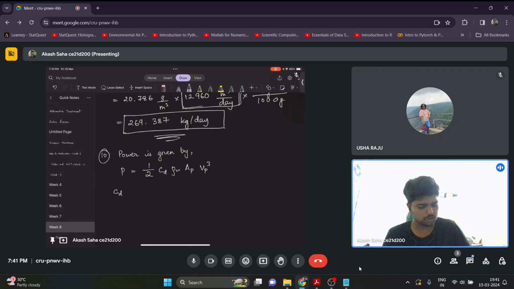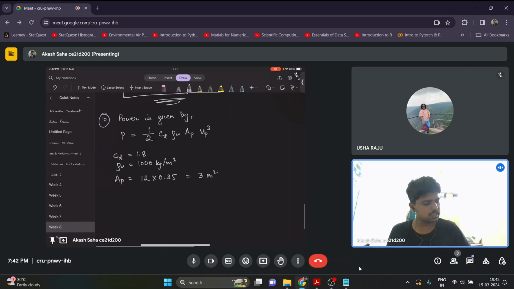C_D is given as 1.8. Rho_W also we know, 1000 kg per meter cube. Now A_P, area of paddle, it was 12-meter long and 0.25 meter wide. So that is 3 meter square. A_P is also known to us.